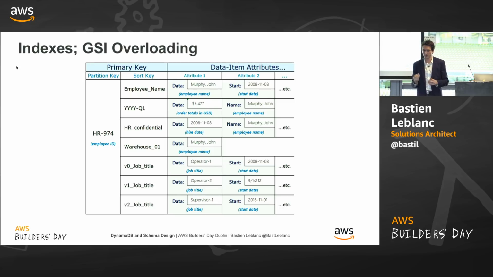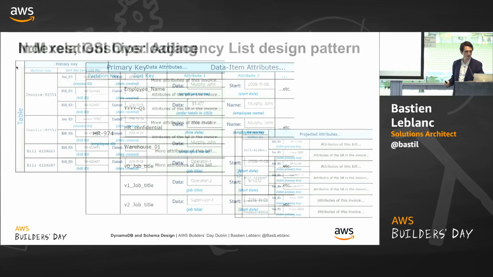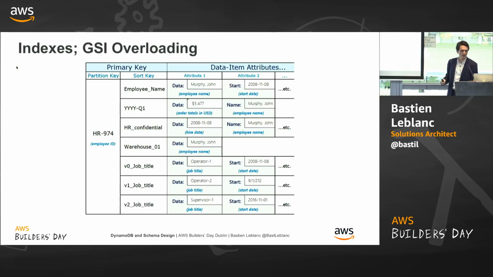So what we will do is create a GSI, a global secondary index, on top of this table to solve the access pattern that we want to query. We will create a global secondary index using the employee name as the partition key of the global secondary index, and having the sort key here.